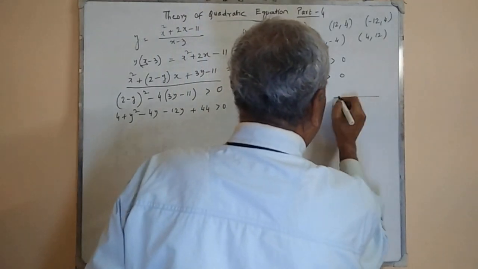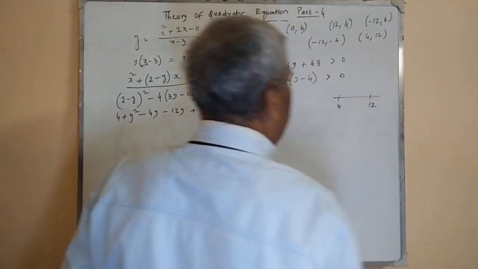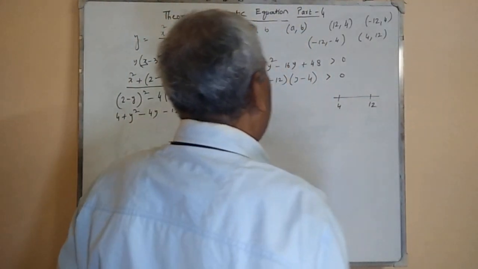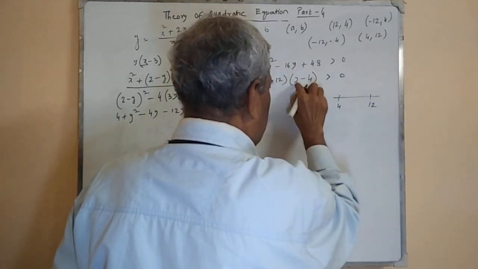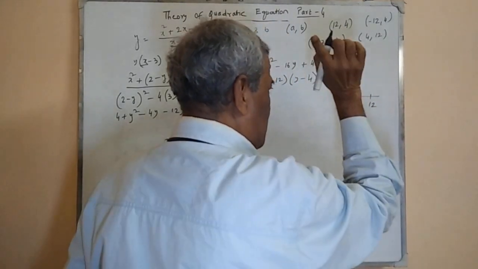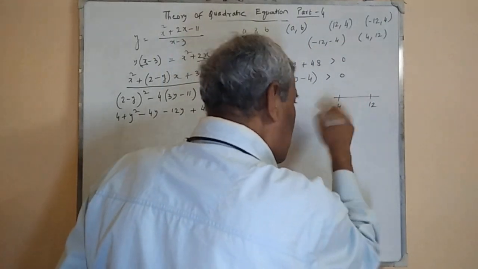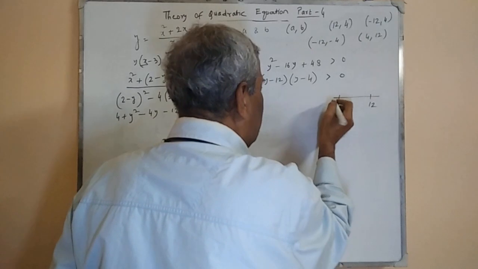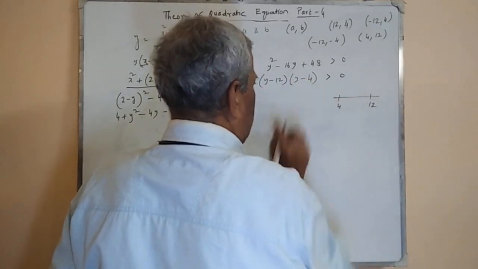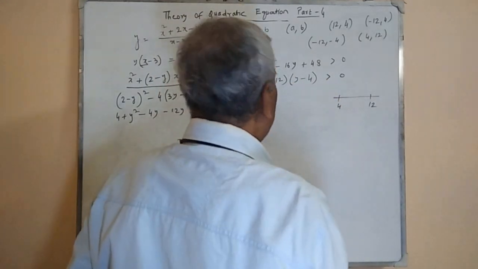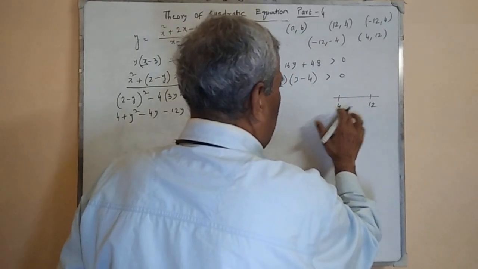They lie in 4 and 12. If the value of y is greater than 12, then after that this is positive, so this is positive. If the value of y is below 4, then this is negative, so as a whole it is positive. So y cannot lie between 4 and 12.